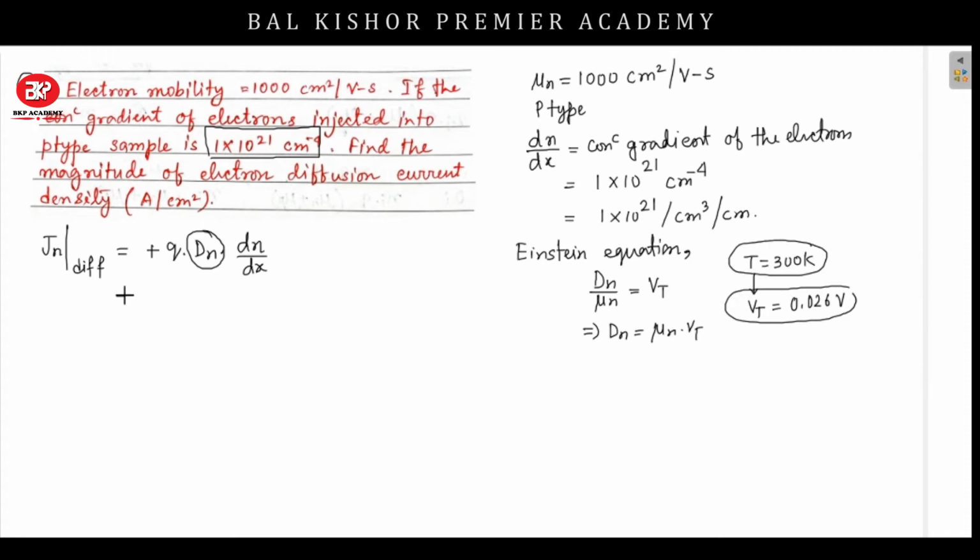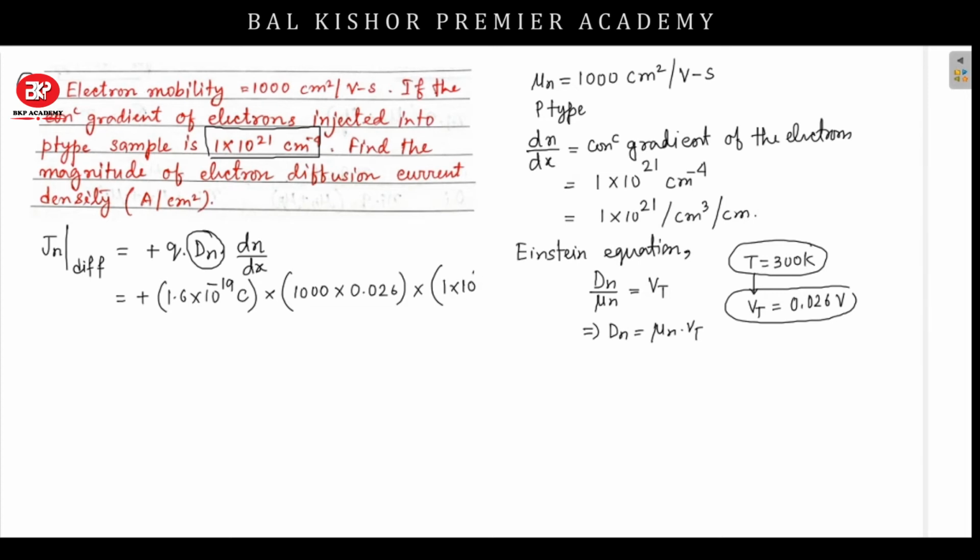Now we can replace the Q value as 1.6 into 10 to the power minus 19 coulomb, and replace the Dn value with mu n into Vt. The mu n value is given as 1000 centimeter square per volt second, and the Vt value will be 0.026 volt, and dn by dx is given by 1 into 10 to the power 21.